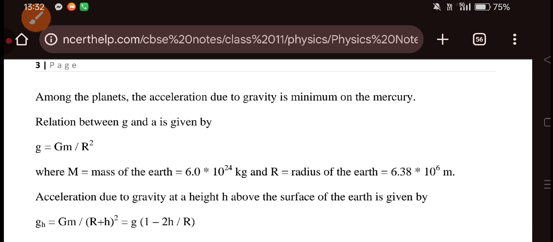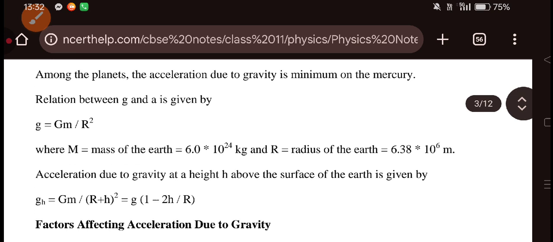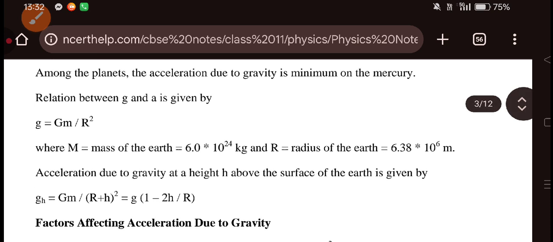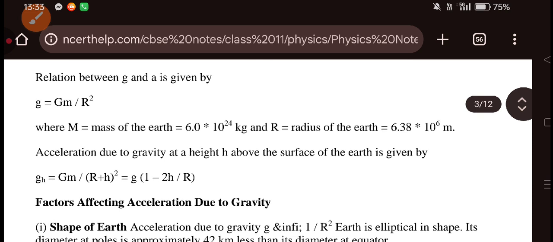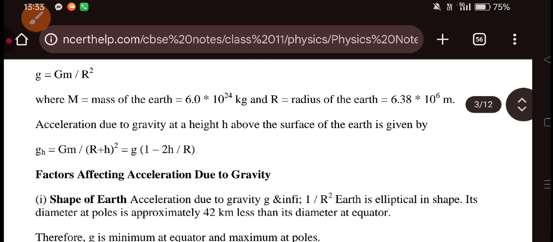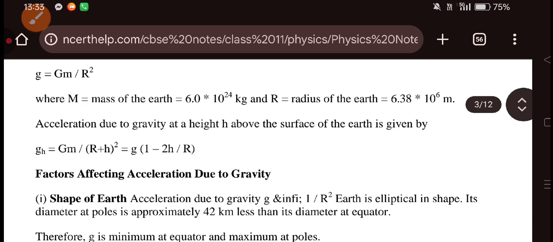Among the planets, the acceleration due to gravity is minimum. The relation between g and G is given by g equals GM upon R squared, where M is the mass of the earth, which is 6.0 times 10 raised to power 24 kg, and R is the radius of the earth, which is 6.38 times 10 raised to power 6 meter.